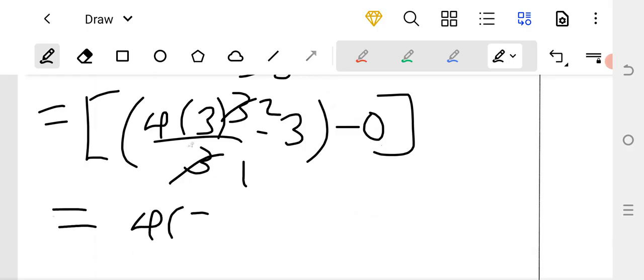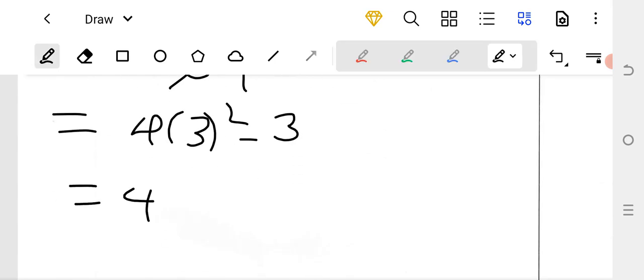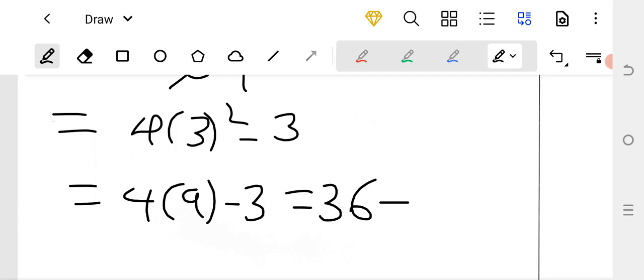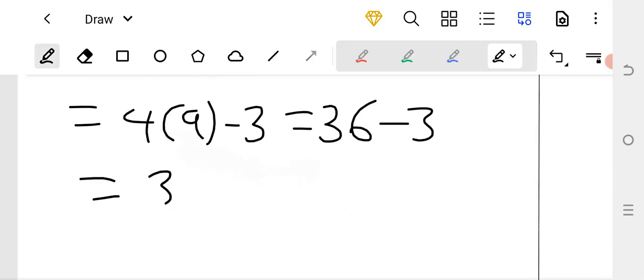So 4 multiplied by 3 to the power 2 minus 3, it will become 4 multiplied by 9 minus 3, which is equal to 36 minus 3. Therefore, your final answer was a 33.